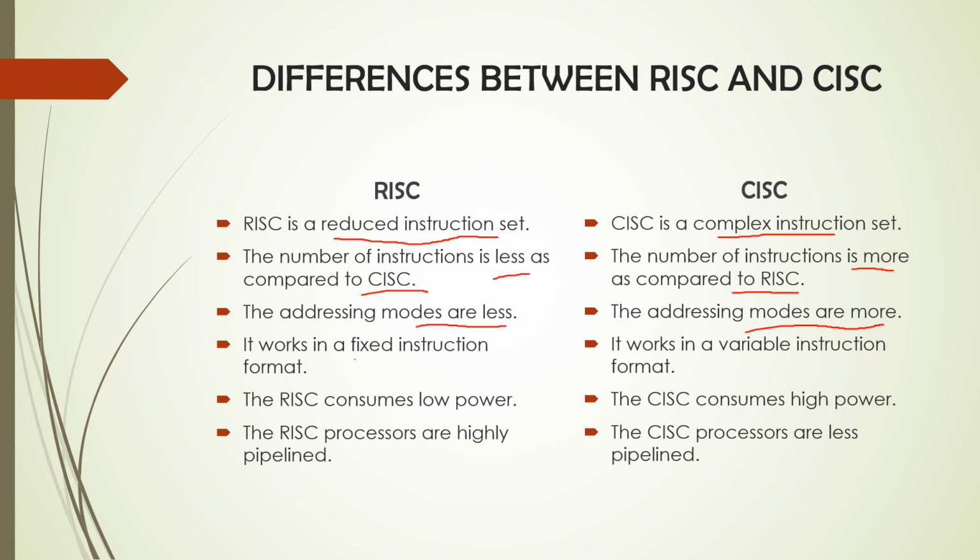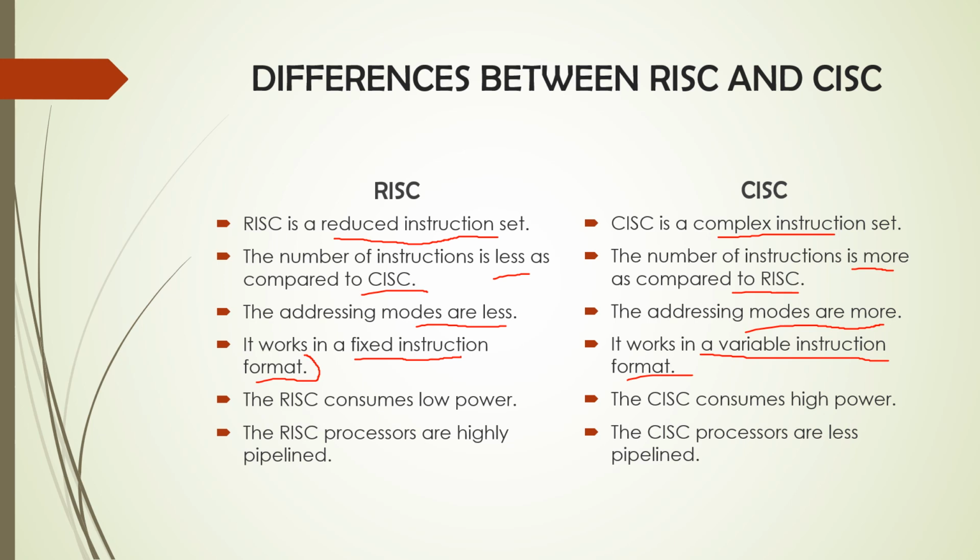RISC has a fixed instruction format, that is, a particular format is used and the operations are performed on that fixed instruction format, whereas CISC works in a variable instruction format, which means the instructions for different parameters are not similar, they are dissimilar.